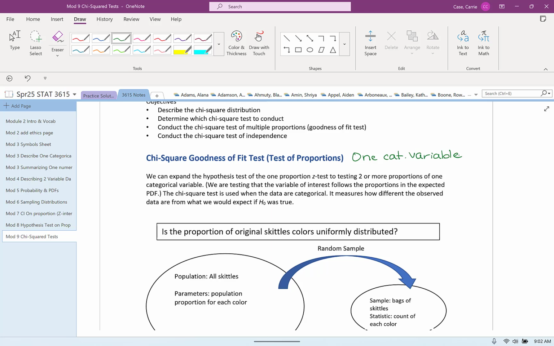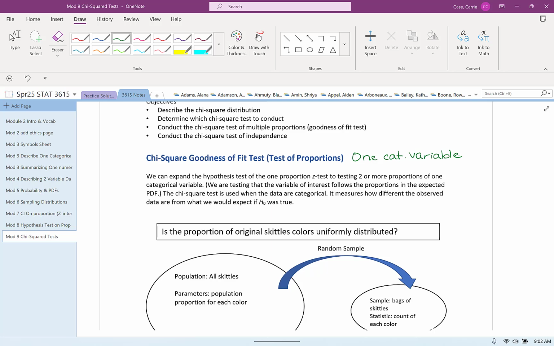So instead of the house sold or it didn't sell, we might have a situation like the child was below 5, elementary aged, middle school aged, high school aged, or college aged. And so we may be grouping those things into categories of ages that are not numerical because we're putting them in school aged groups. So when this happens, we are doing a chi-square test.